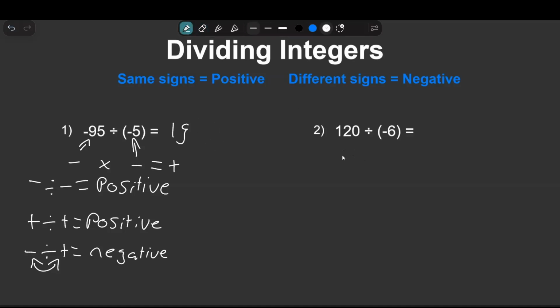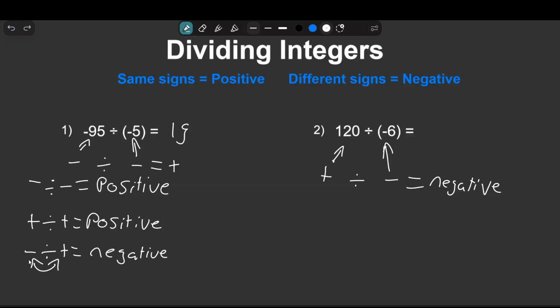Now let's go over to our second example, where we have 120 divided by minus 6. Here we have two different signs. We have a positive number and a negative number. If we divide these two, we get a negative number because we are dividing different signs.